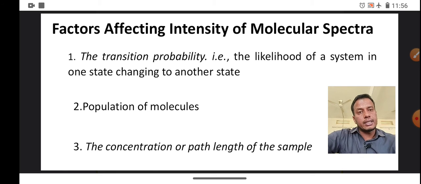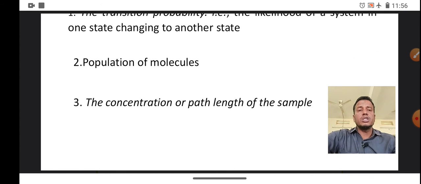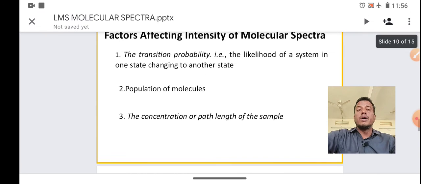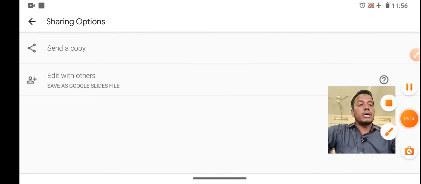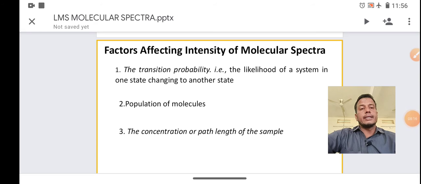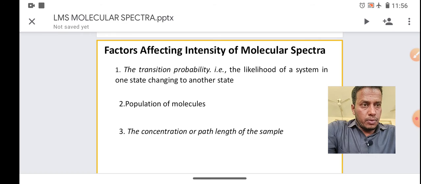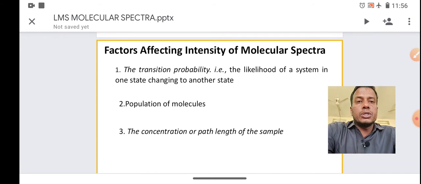All this affects the intensity of the molecular spectra. So we have learned some basic points. There are also rotational energy levels, vibrational energy levels and electronic energy levels. Let us discuss all these parts in the next sessions.